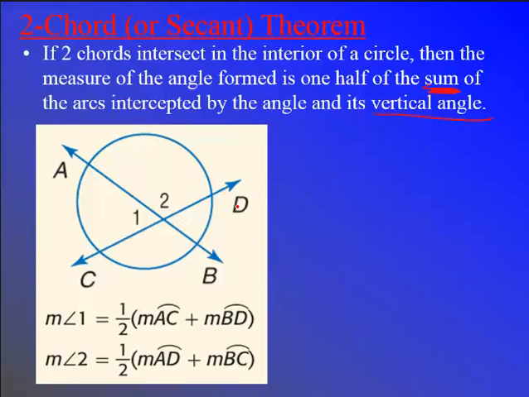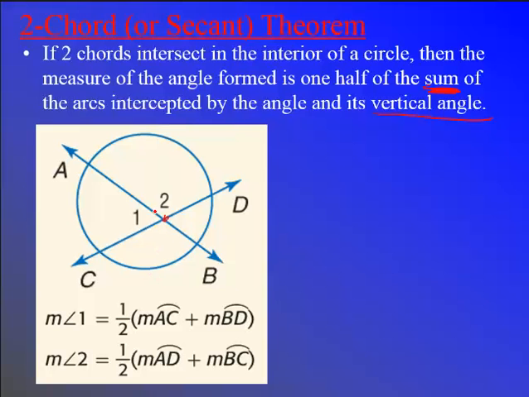Okay, so we have two secants going through the circle. Their intersection is inside that circle. Okay, we're going to deal with intersections in different places in this video. So this one is intersection inside the circle.